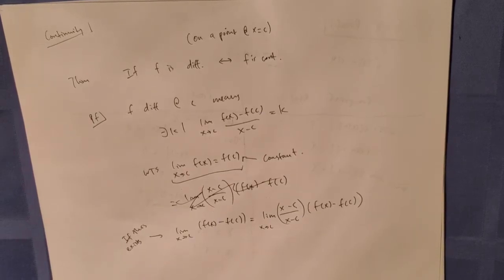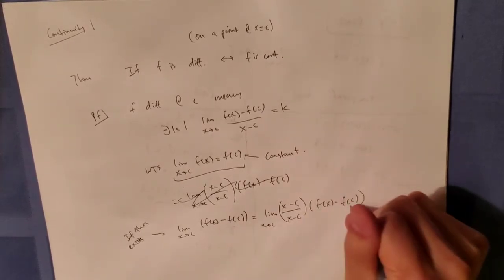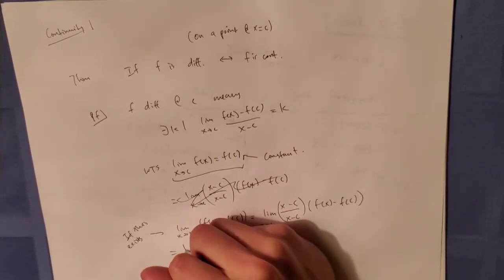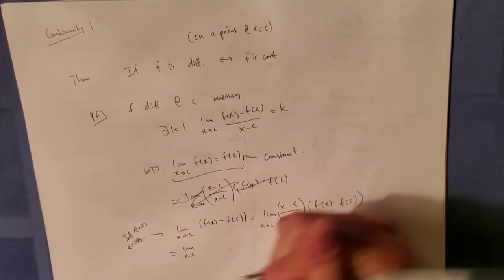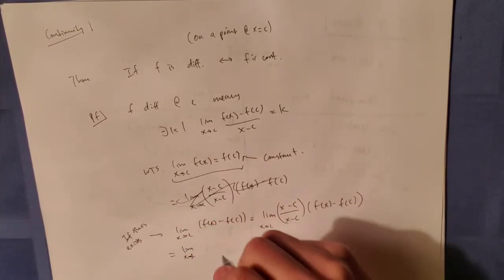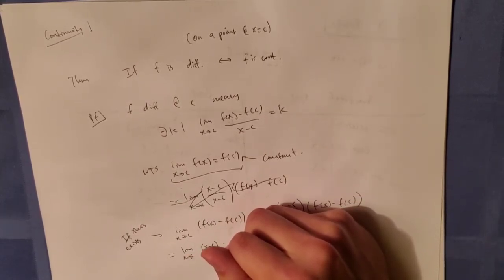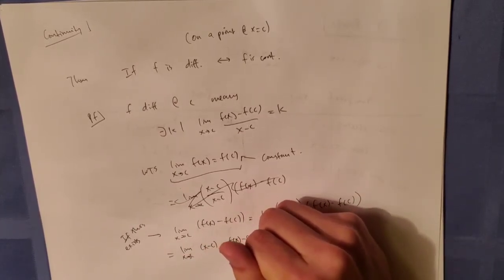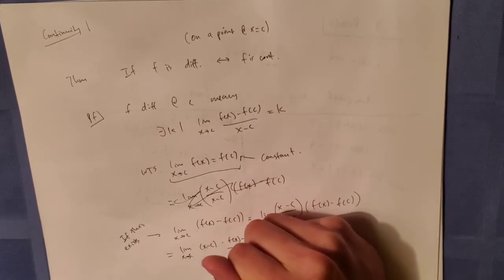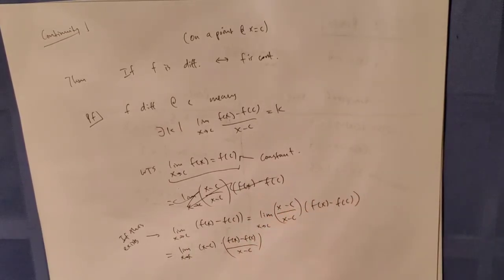And then we can bring this x minus c under, so this equals the limit as x approaches c of x minus c times f of x minus f of c over x minus c, right?